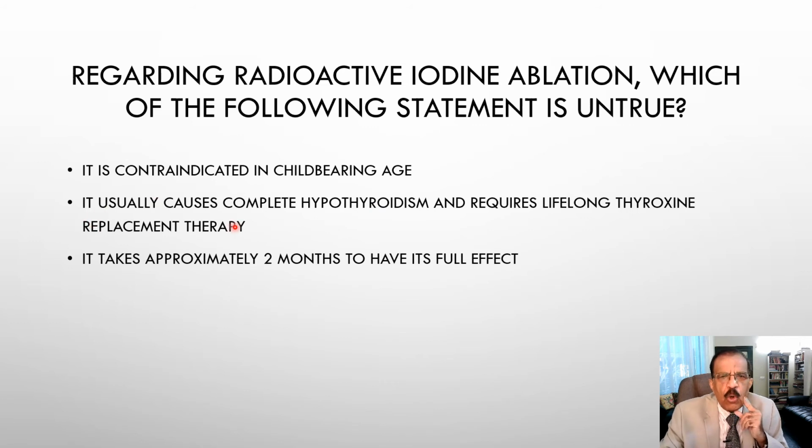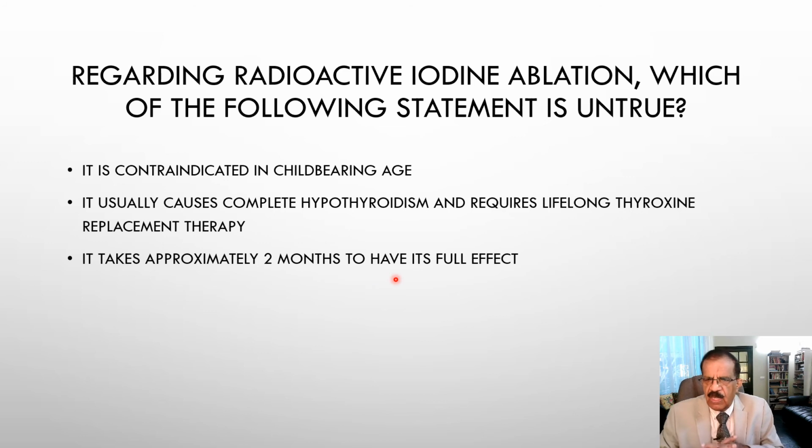It usually causes complete hypothyroidism and requires lifelong thyroxine replacement therapy thereafter. Of course, if there is complete destruction of the thyroid gland by radioactive iodine, then the patient would need thyroxine for life. It takes approximately 2 months to have its full effect.